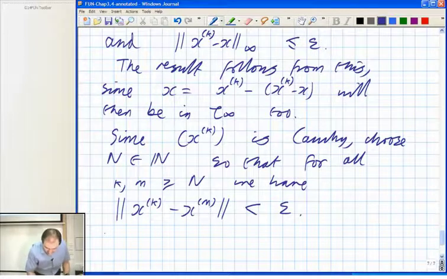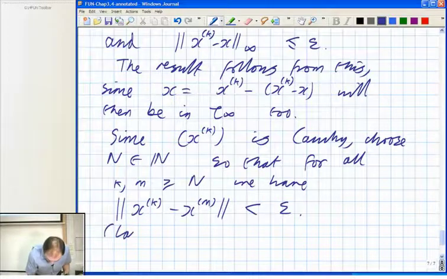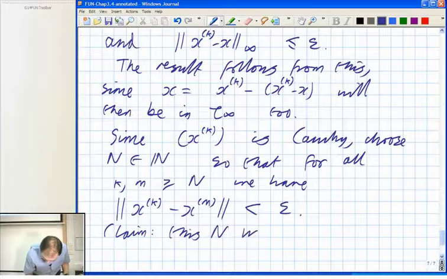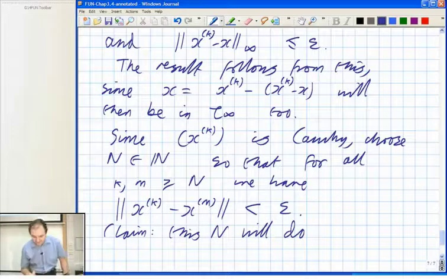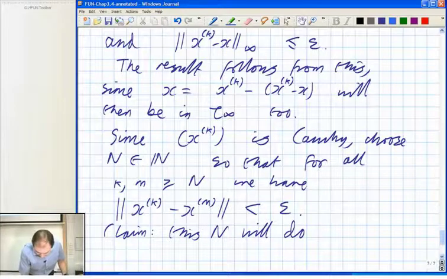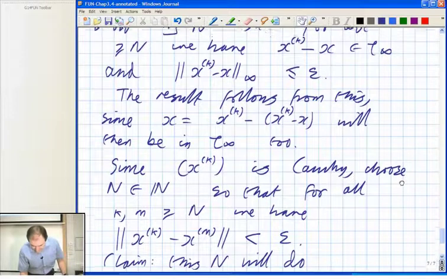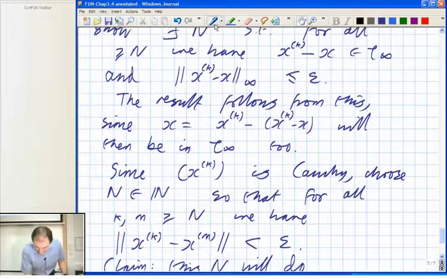I claim this capital M will do. To satisfy the above facts, perhaps I should give that a name. Let's call that star.